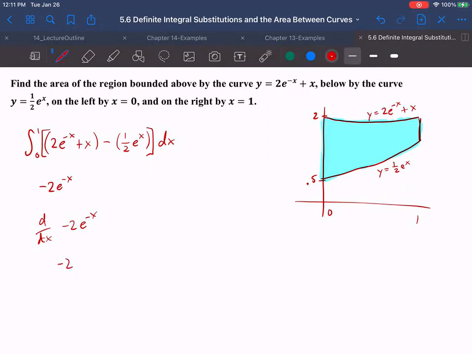And then e to the negative x is just e to the negative x. And then it's times the derivative of negative x, which is negative 1, right? And so it's just 2e to the negative x, right? So that works just fine. Then for the next one, the derivative of what gives us x?